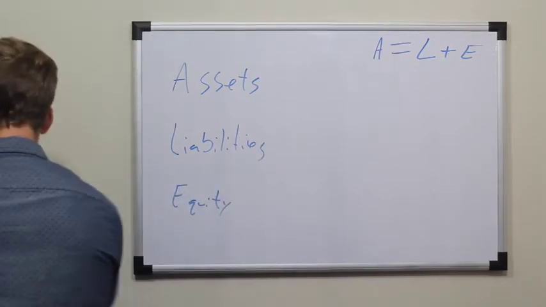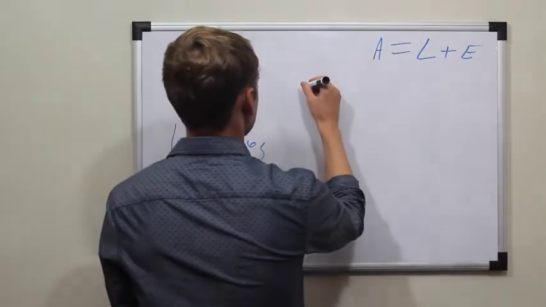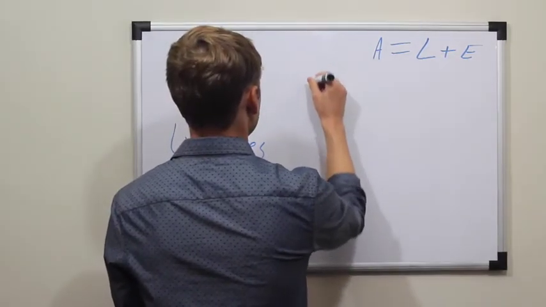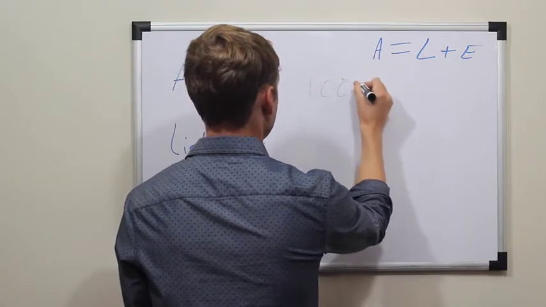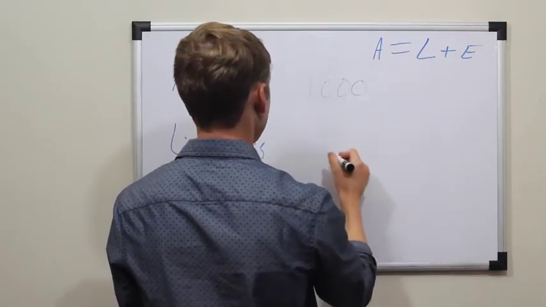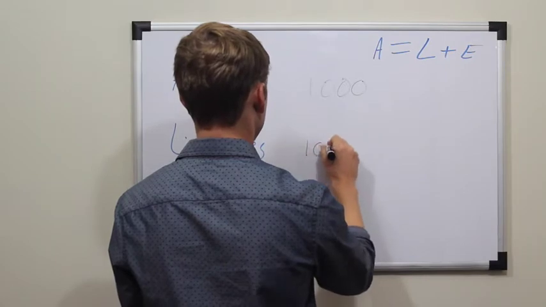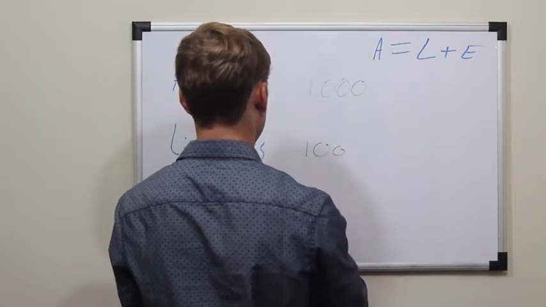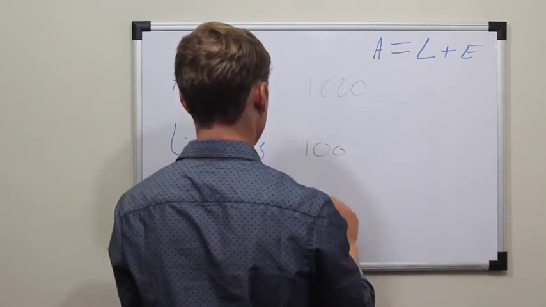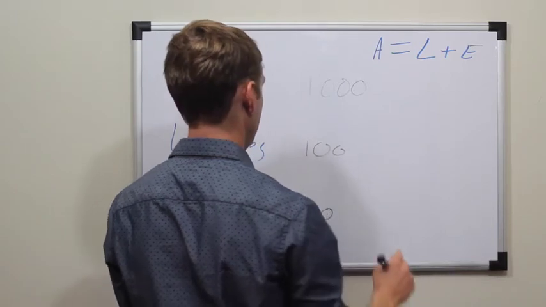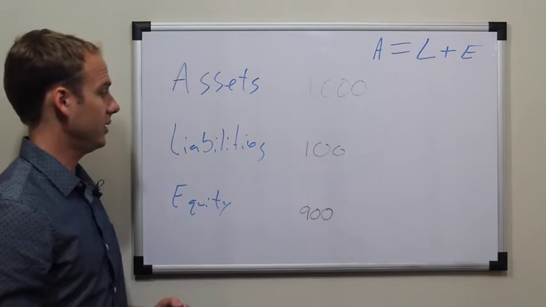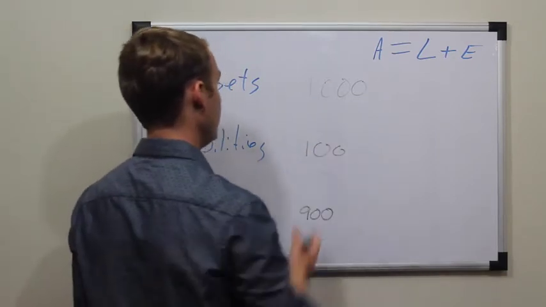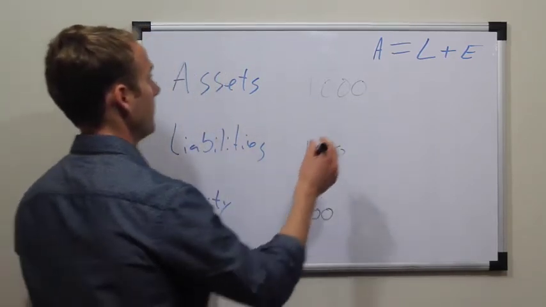So we may have something like assets of 1,000, liabilities of 100, and equity of 900. In this particular scenario, we could even think of this as our own home.